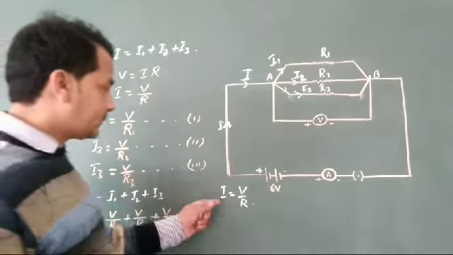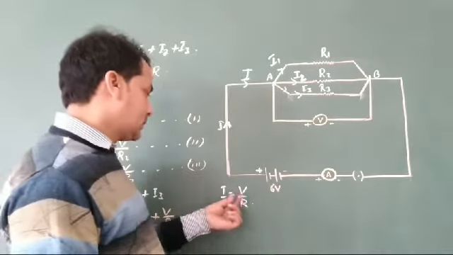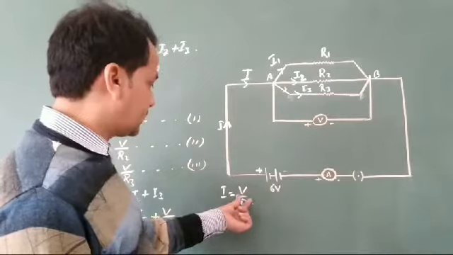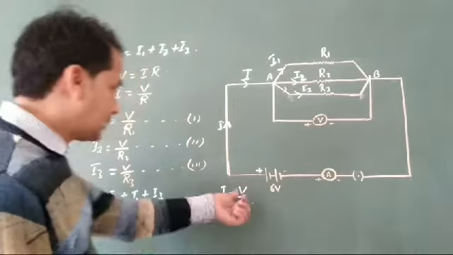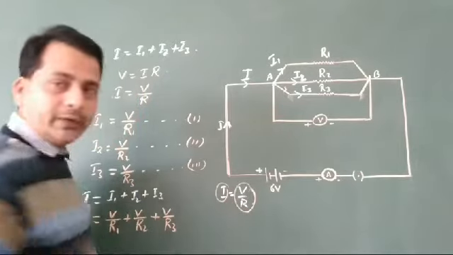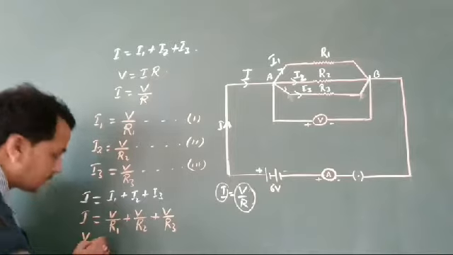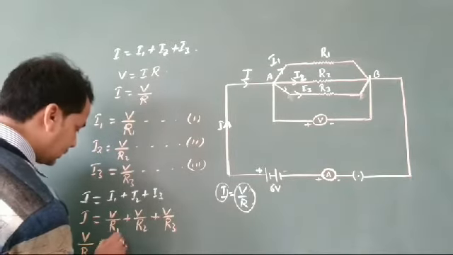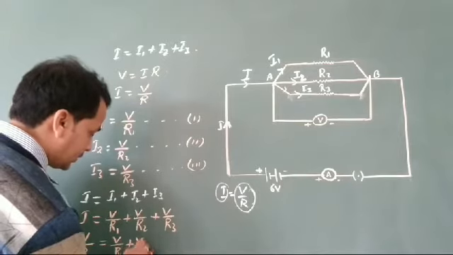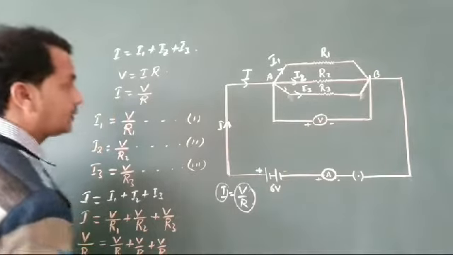The net current I equals V by R according to Ohm's law, the ratio of potential difference and resistance. So V by R equals V by R1 plus V by R2 plus V by R3.